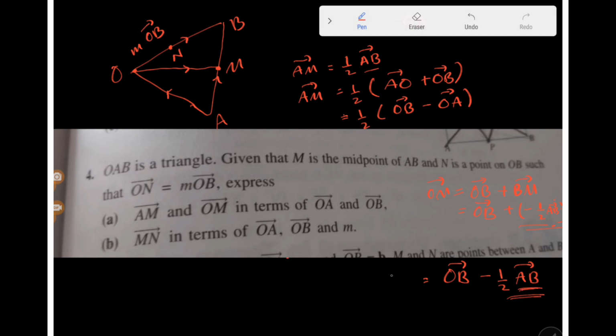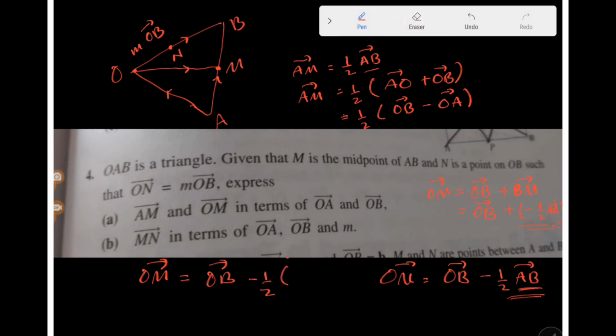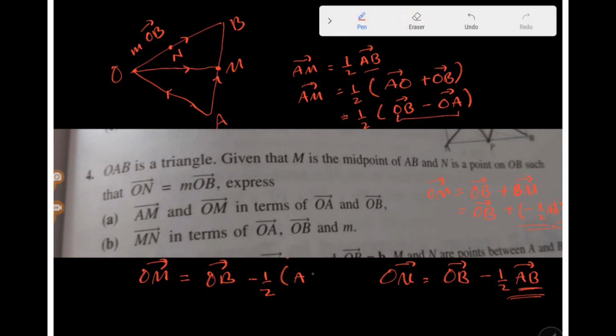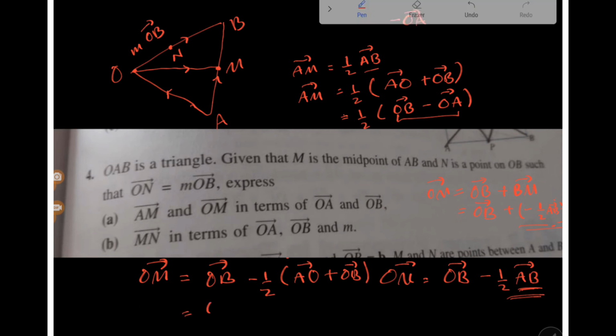So OM is O to B minus half of, instead of writing AB, you write it as AO. You can go directly with this if you don't want to go step by step, because I usually don't do it step by step, but for you to understand, I think it's better to explain it step by step.